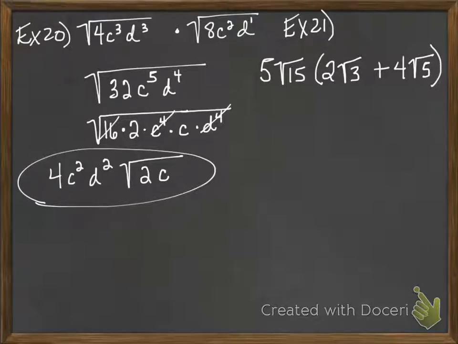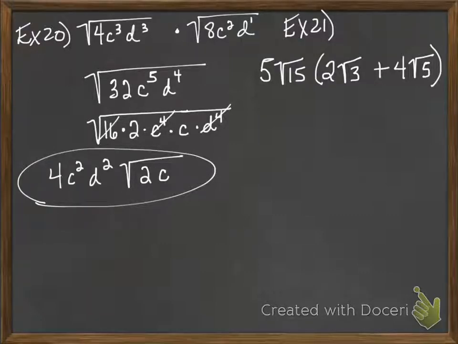Last example for multiplying. 5 square root of 15 times parentheses 2 square root of 3 plus 4 square root of 5. This looks like something that starts with a D that you've done before.